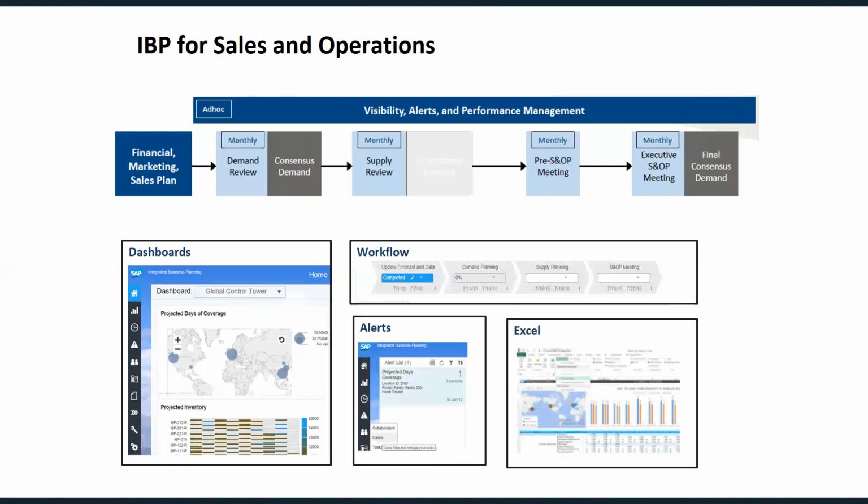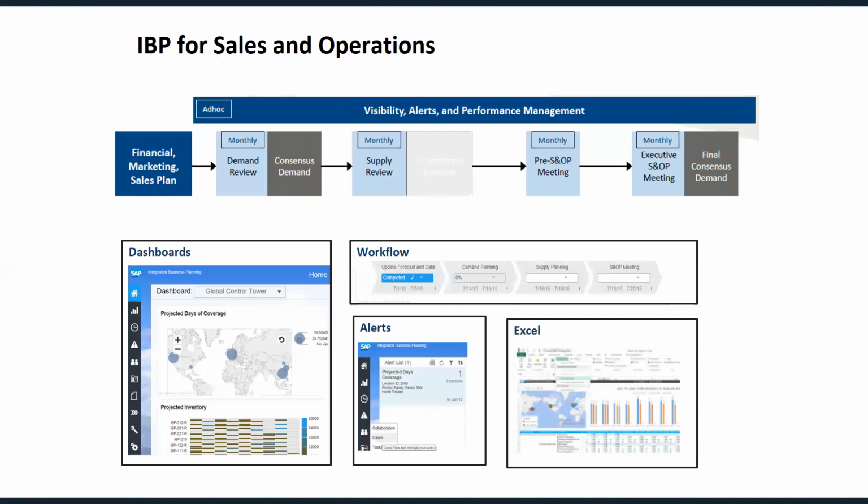So that constrained plan then goes for balancing in the pre-SNOP meeting, and finally for final approval and decisions to the executive SNOP meeting. The output of that is the final consensus demand, which is locked in, and the execution team picks it up and starts using it.